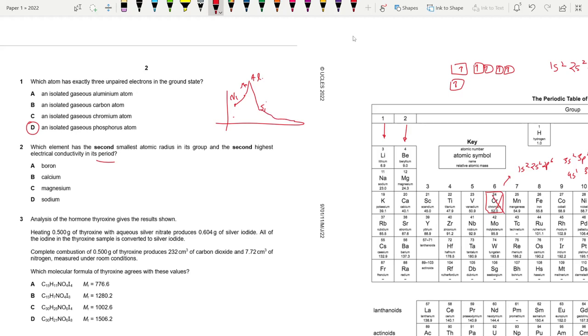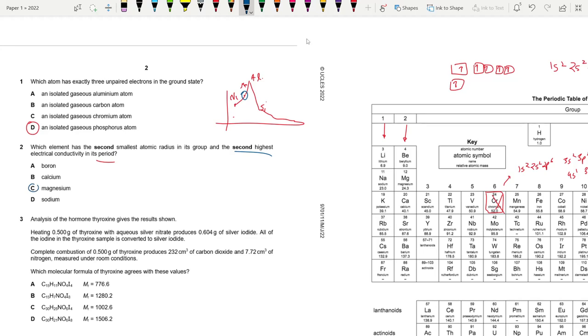They're close to zero. So yeah, magnesium actually has the second highest electrical conductivity. Aluminium has the highest, magnesium has the second highest. So I'm going to go with magnesium.